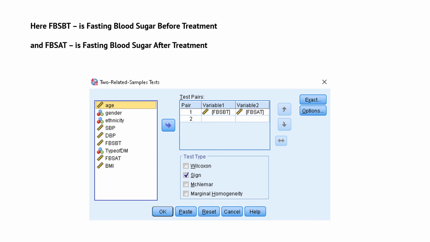Okay. So now here FBS-BT is fasting blood sugar before treatment and FBS-AT is fasting blood sugar after treatment. You select variable 1 as FBS-BT, variable 2 as FBS-AT. Please select the test type as sign. Okay, sign test we selected.